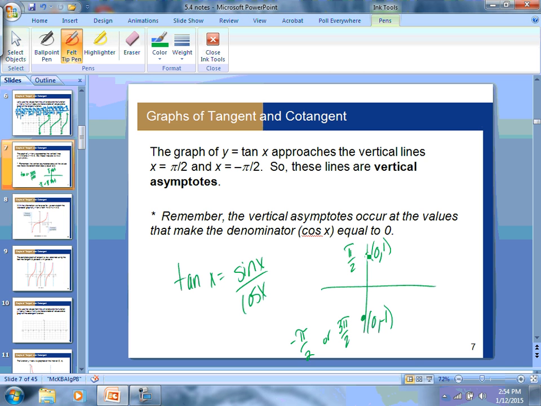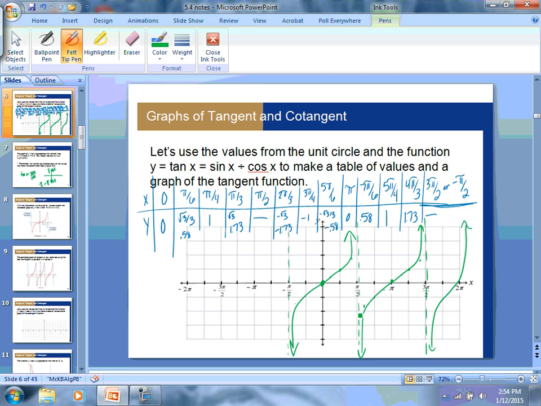Okay? So that's why at pi over 2 and at negative pi over 2, our graph didn't exist. Here's pi over 2. There's negative pi over 2. There's 3 pi over 2. That's where our vertical asymptotes are because that's where we get 0 in our denominator. That's where we had these little dashes in our table of values showing that the graph doesn't exist at that point.